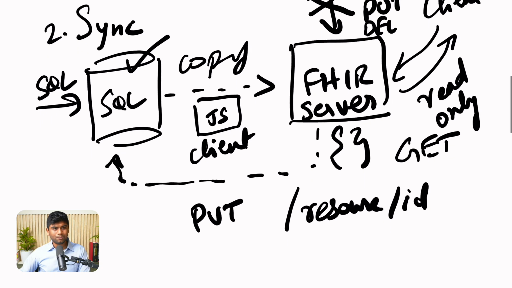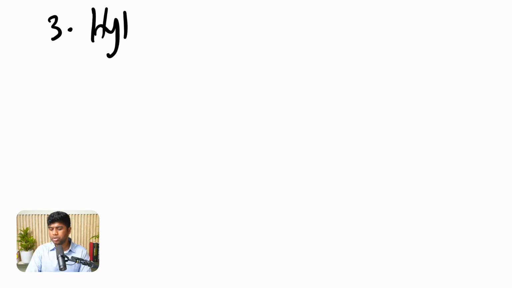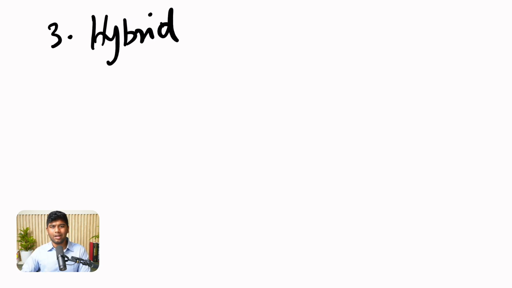Okay, so let's come to the third option, right? The third option is actually just a combination of both of these. I call it the hybrid approach. And it actually takes the best of both worlds from both the sync as well as the Facade, right?